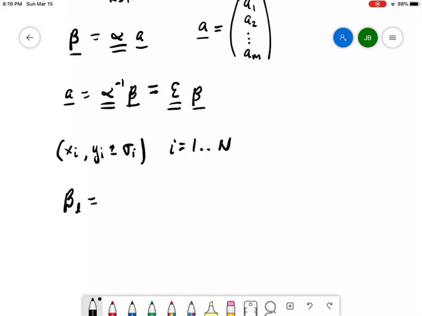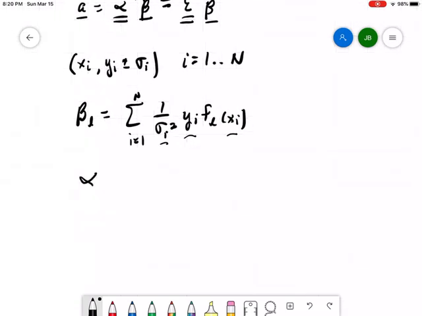Say the l-th element of beta was equal to the sum from i equals 1 to n of 1 over sigma_i squared times y_i times f_l of x_i. If we have a fit function where we know all of the functions f_l, and we've measured x, and we've measured y, and we know the error in y, then we can just evaluate the sum and calculate every element of beta without any trouble.